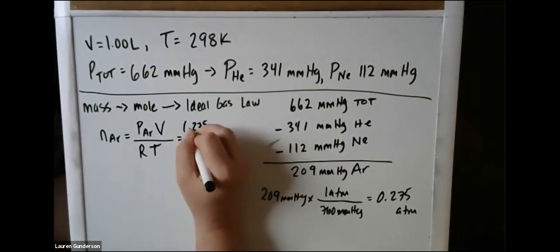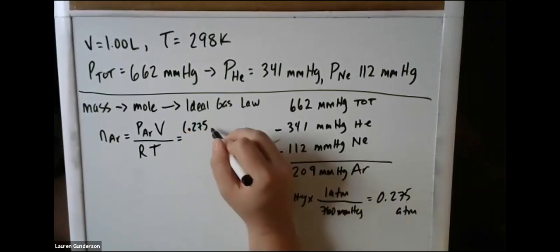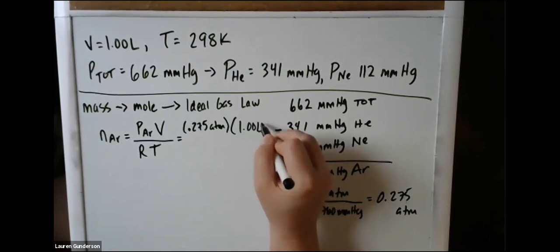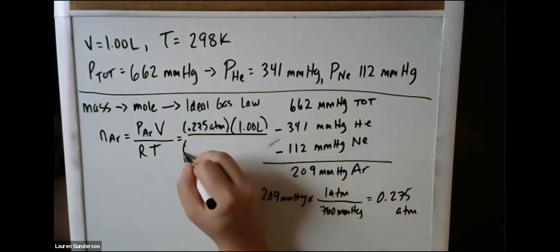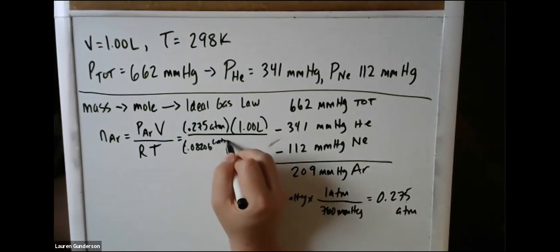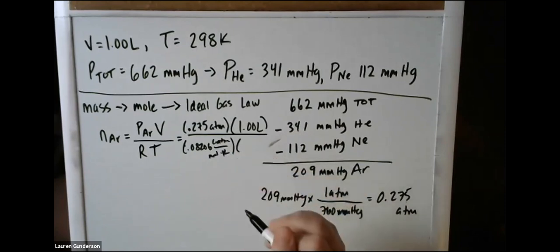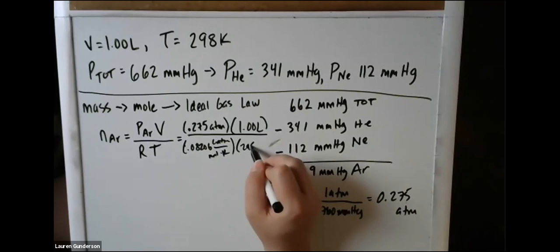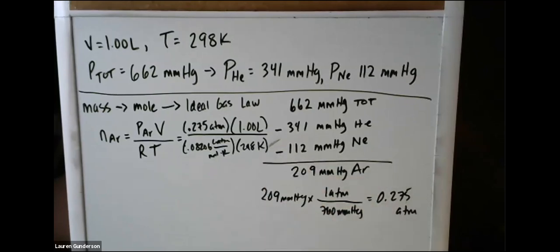So 0.275 ATM times 1.00 liters divided by 0.08206 times 298 Kelvin. Okay, I'm going to erase this other part.